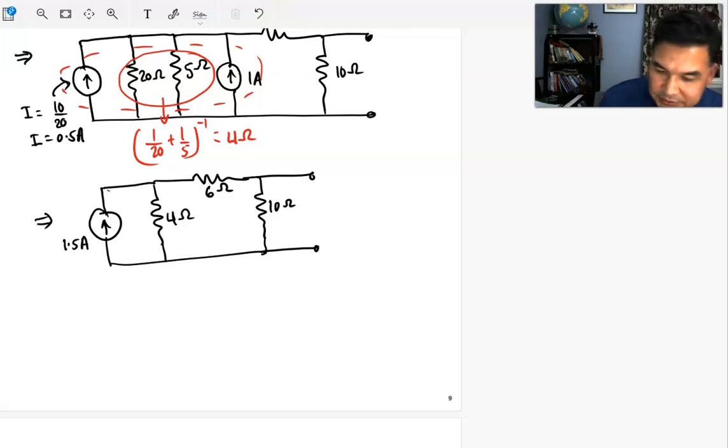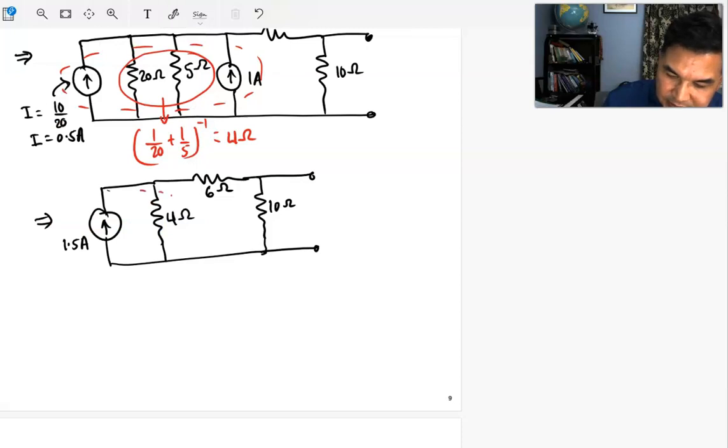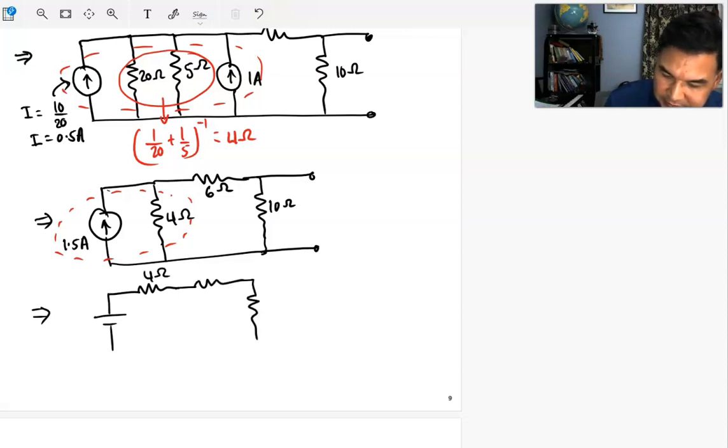Now again this can be reduced using source conversion. It can be represented by a voltage source with a series resistor, the same 4 ohm series resistor. So we're almost done. You have 6 ohm, 10 ohm.